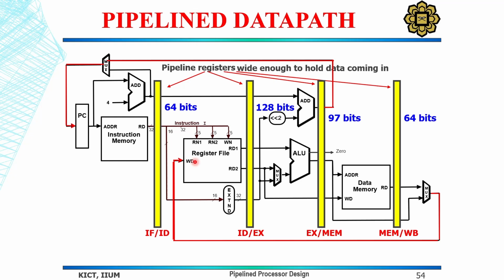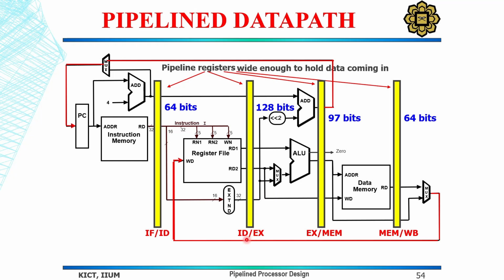So in a 5-stage pipeline, we need 4 sets of pipeline registers. The first one is between instruction fetch and instruction decode. That's why it's called IF/ID. Then we have one between instruction decode and execute, which is ID/EX.